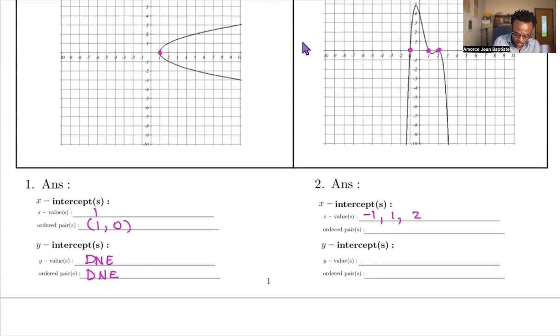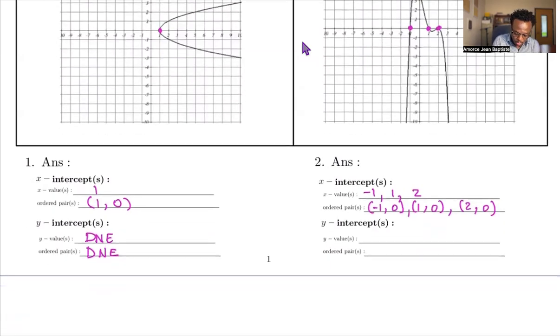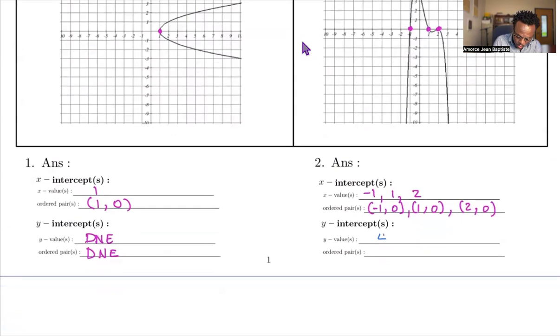The ordered pairs will be (-1, 0), (1, 0), and (2, 0). And then for the y, we can tell that we have an intersection at y equals 4, and the ordered pair is (0, 4).